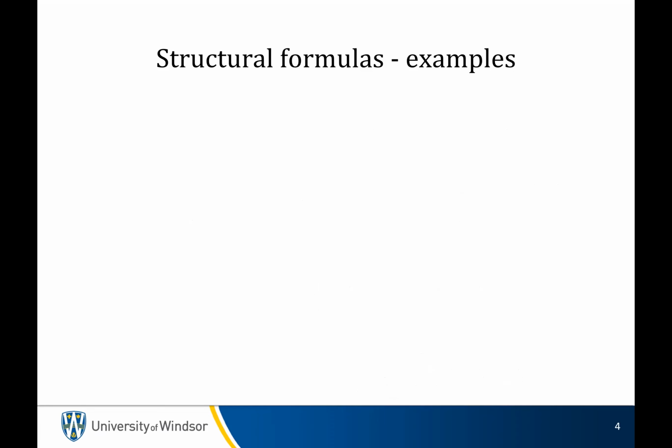So let's say we draw a Lewis dot structure. And I need to remember my lone pairs on oxygen. So it's a full Lewis dot structure.